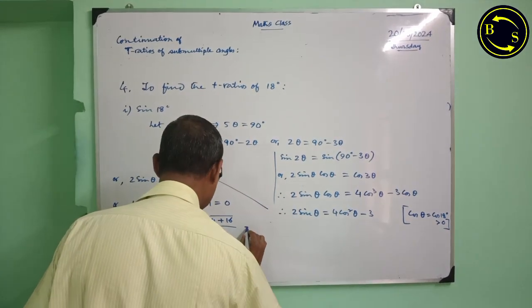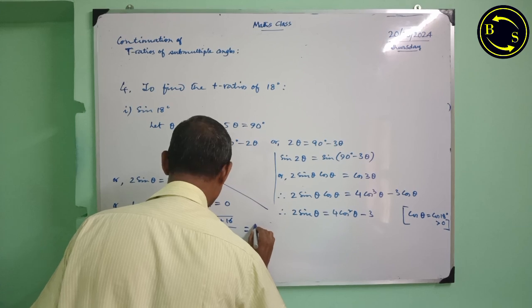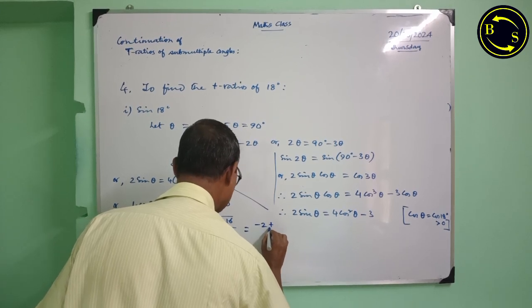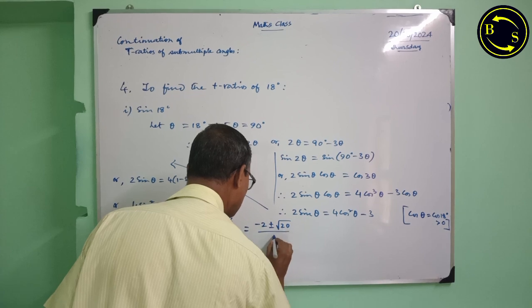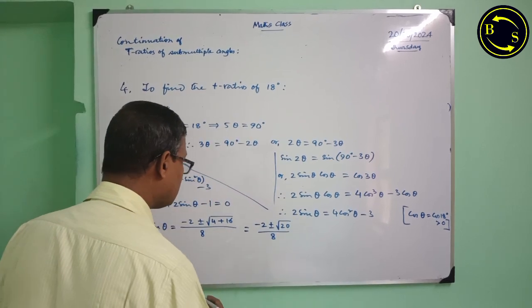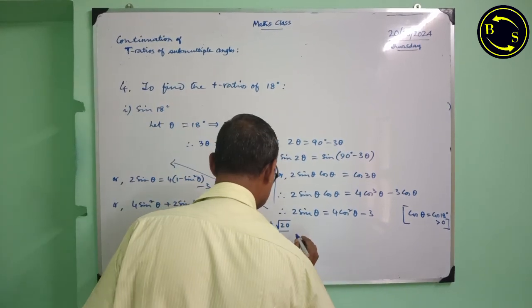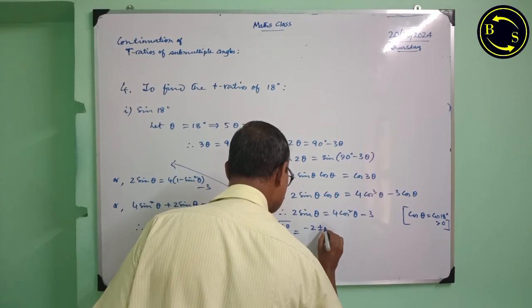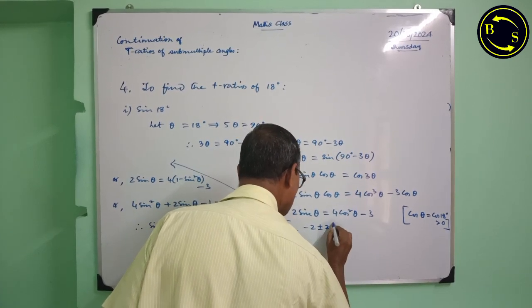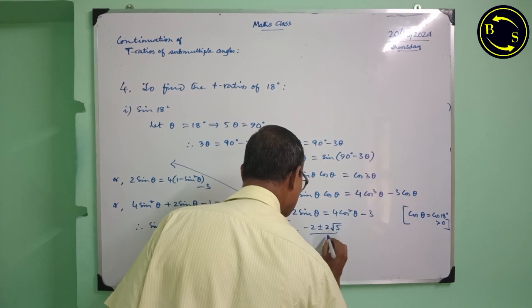When we simplify, minus 2 plus minus root over 20 by 8, minus 2 plus minus 2 root 5 by 8.